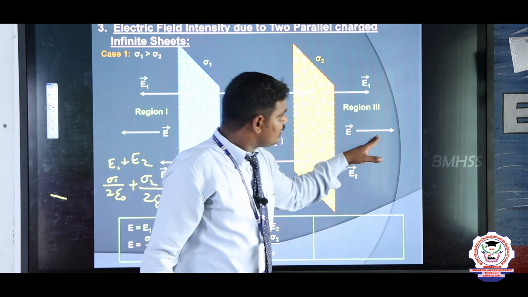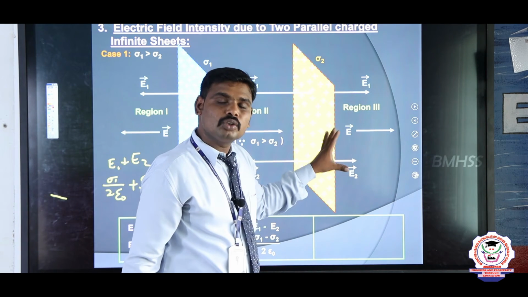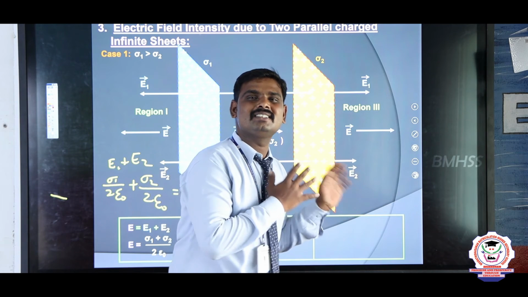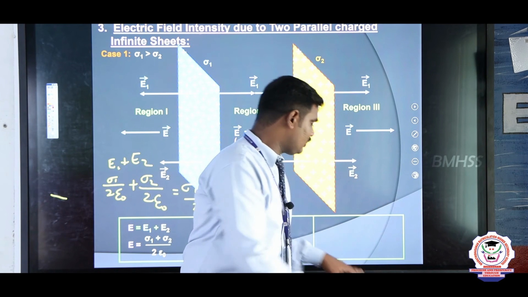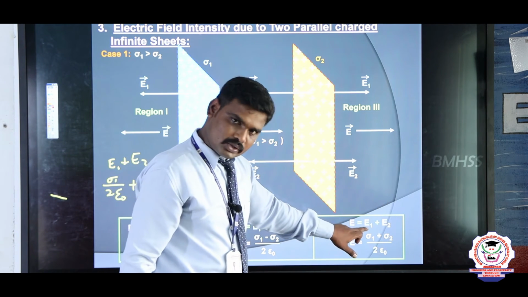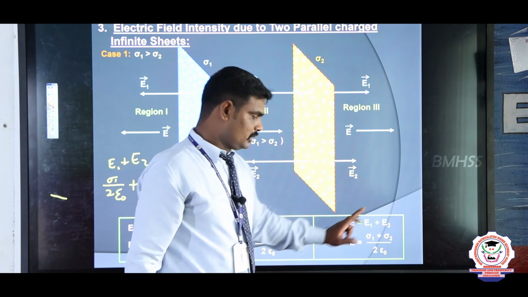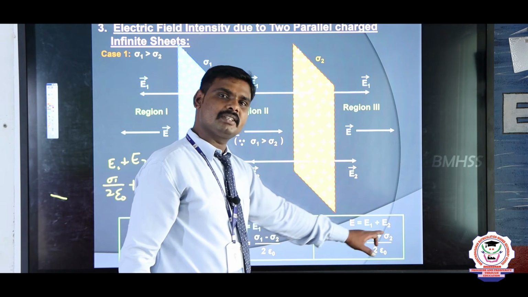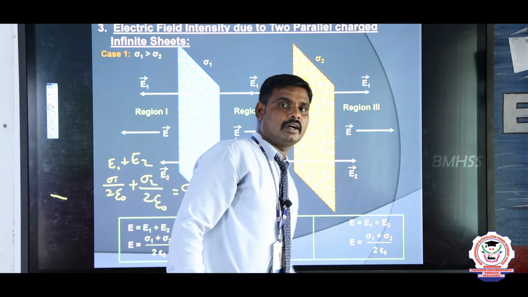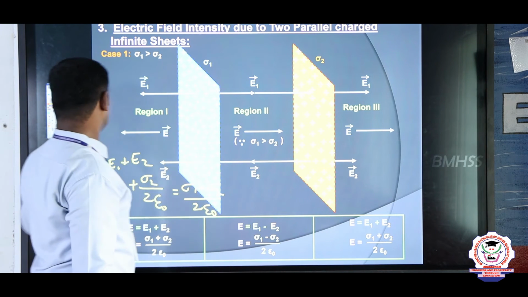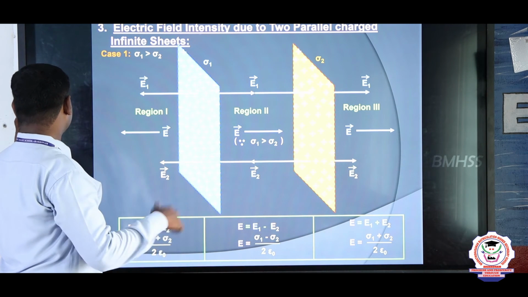In region 3, E1 and E2 are both acting in the same direction, so we add: E is equal to E1 plus E2, which is sigma 1 plus sigma 2 divided by 2 epsilon naught. This is the first case. Now let us see the second case.